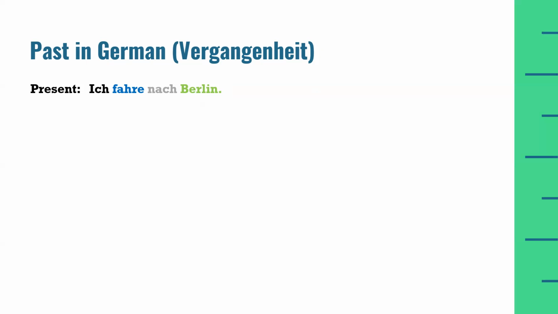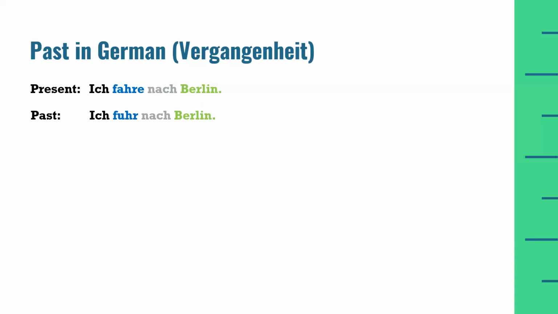So if I have a present sentence, ich fahre nach Berlin, I travel to Berlin, where I put the subject at the first position. At second position, I have used the verb and I have conjugated it according to the subject of the sentence, ich. So fahren becomes fahre, and then comes the object, preposition, adjective, etc. Here we have used nach Berlin, to Berlin.